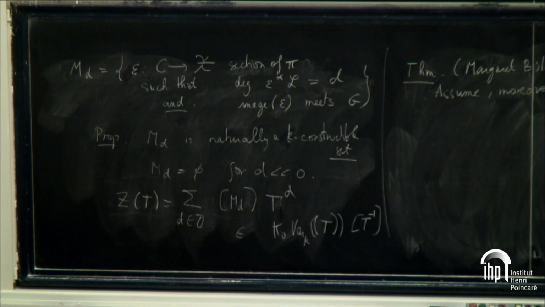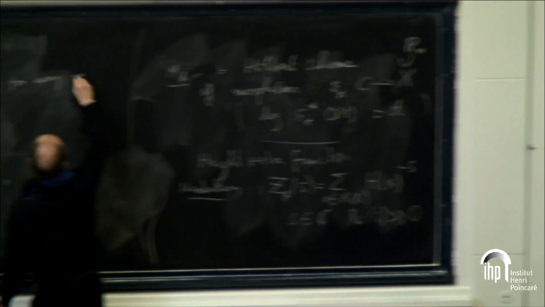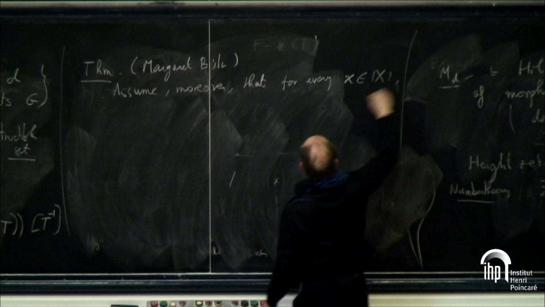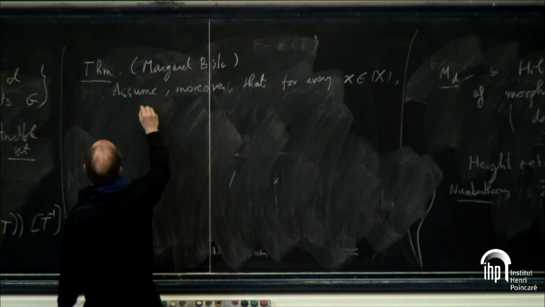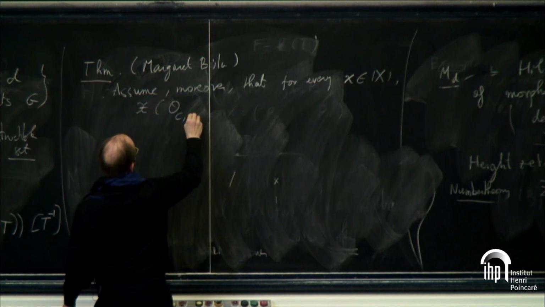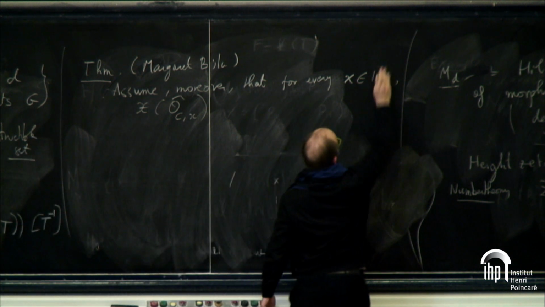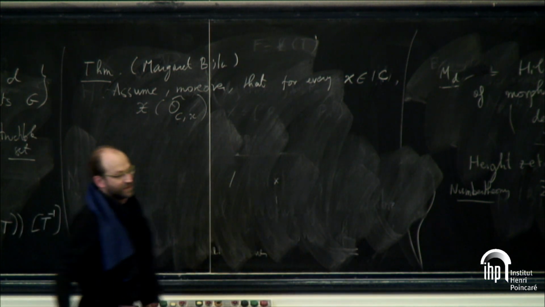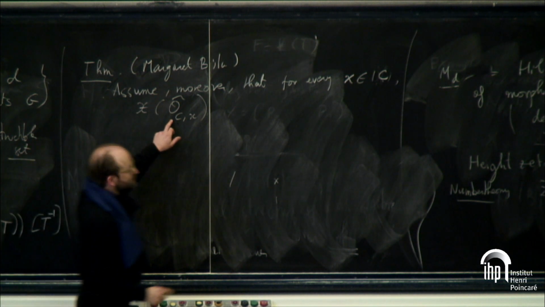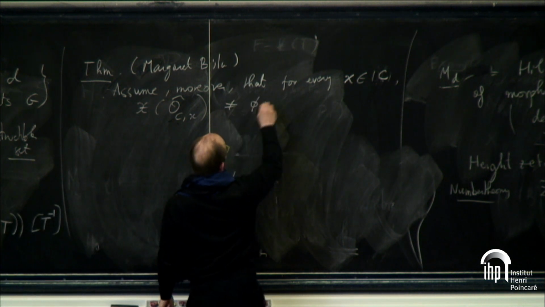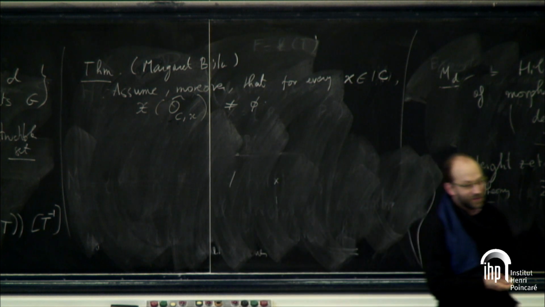You need to assume that there are local sections, local in the sense of completion. So one assumes that for every closed point x in C, the set of sections of pi over this completed local ring is non-empty. Otherwise, you have nothing to count.